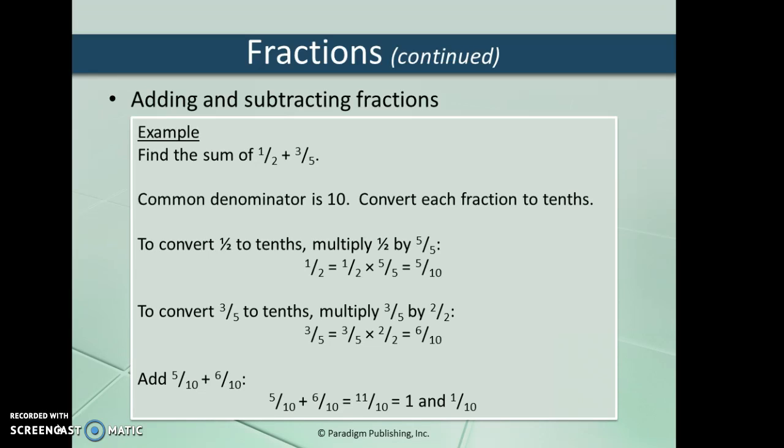Add 5/10 plus 6/10 is equal to 11/10, which is an improper fraction. Let's convert it to a mixed number. So the answer would be 1 and 1/10.